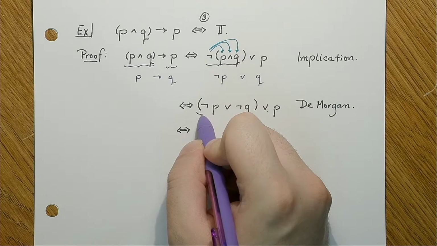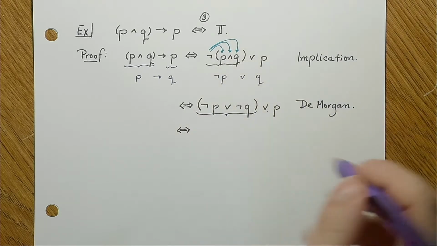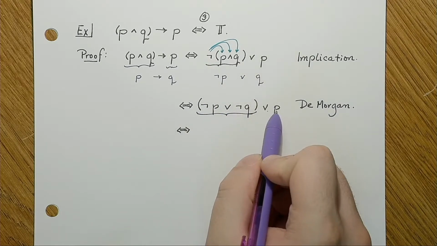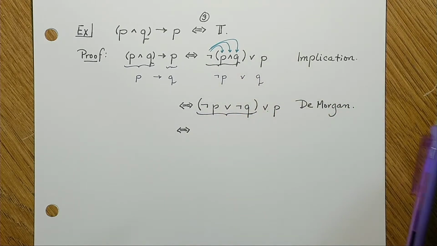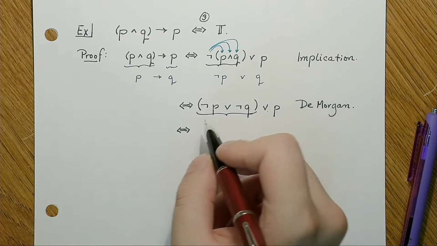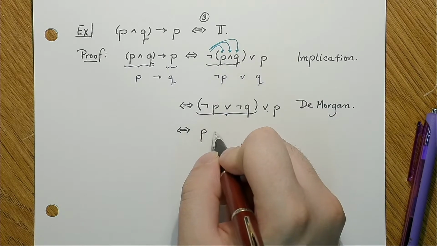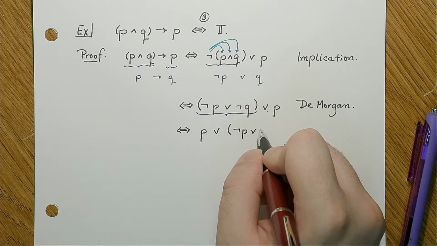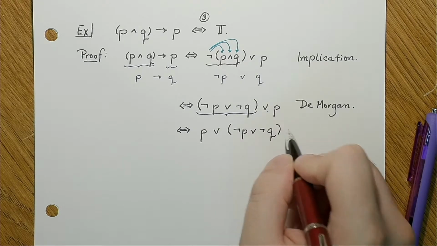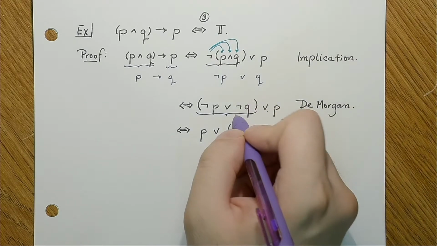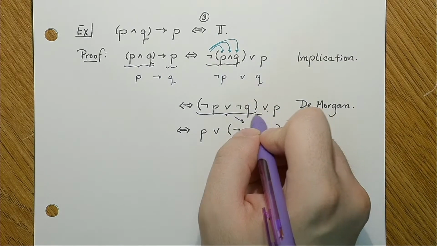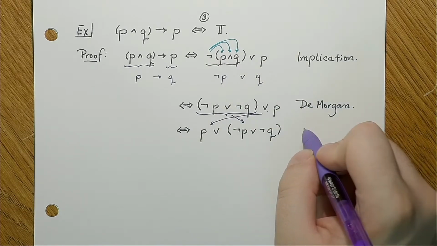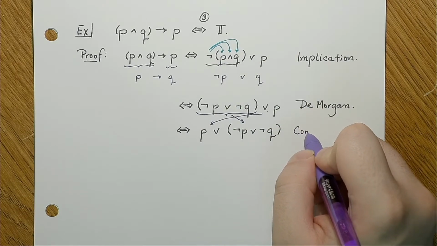What I'll do is treat this as one proposition, and here's the P, and I can change the order. So I'll do the P or not P or not Q. So all I've done is I've just changed the order. So this is the commutativity.